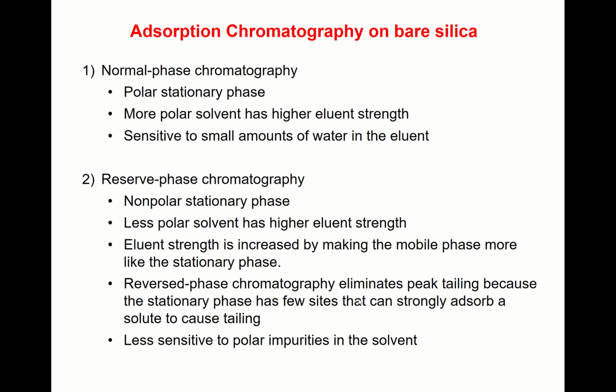Reversed phase chromatography eliminates peak tailing, because the stationary phase has few sites that can strongly adsorb a solute to cause tailing. So usually in reverse phase chromatography, the tailing phenomenon is smaller than in normal phase chromatography. It is also less sensitive to polar impurities in the solvent, because of the non-polar stationary phase.